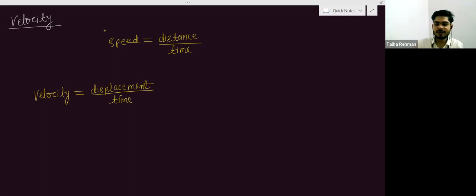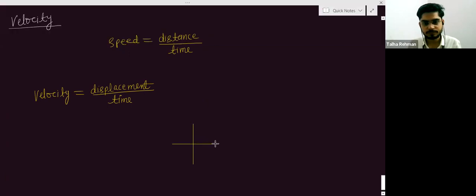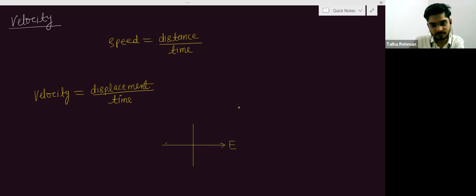If I am saying you are moving with 5 kilometer per hour, see the statements, different statements are there. On paper, direction is defined like this. This is east direction, west, north, and south.